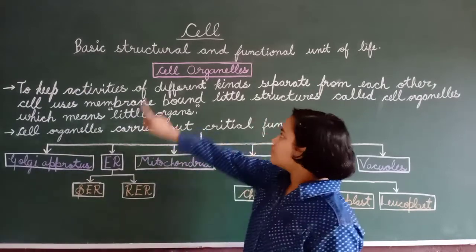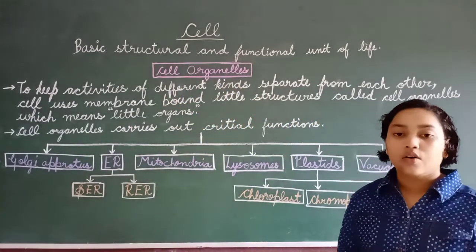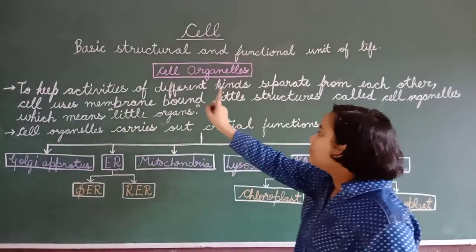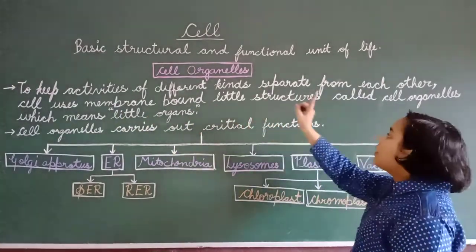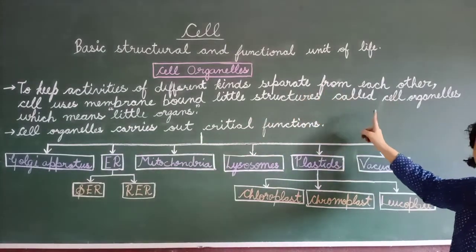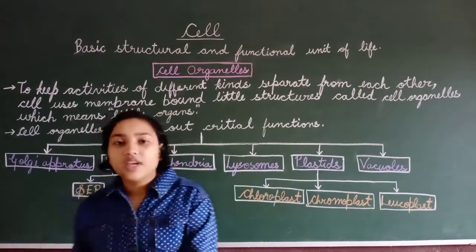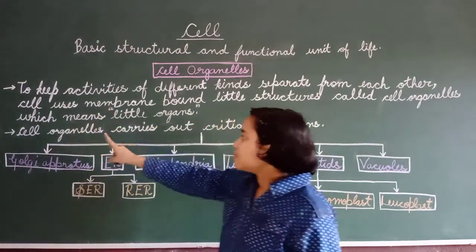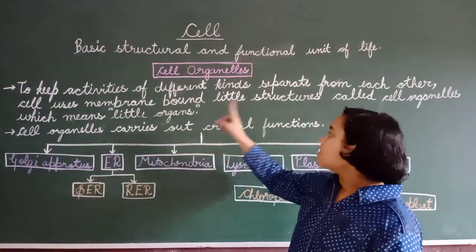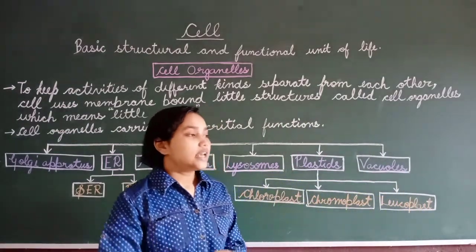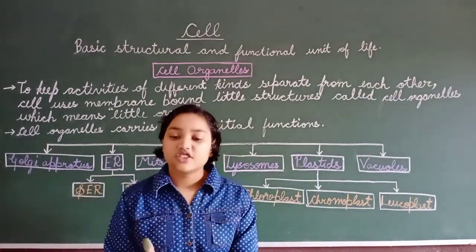Now we will come to the cell organelles. What are cell organelles? To keep activities of different kinds separate from each other, the cell uses membrane-bound little structures.